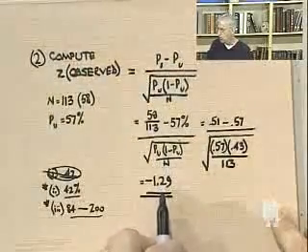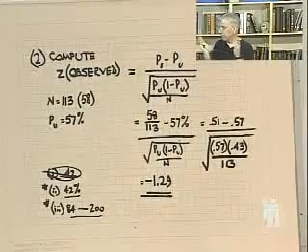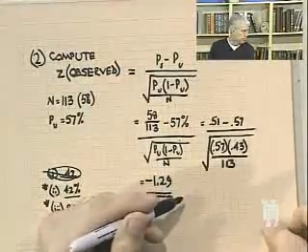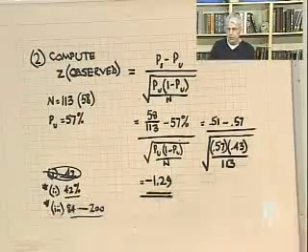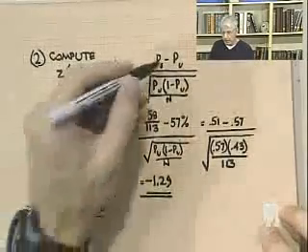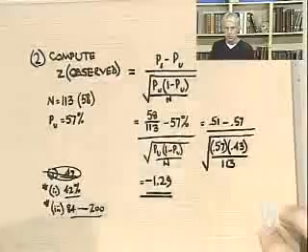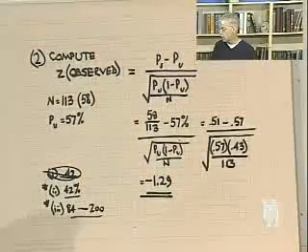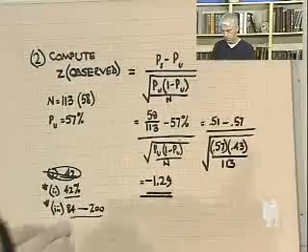So these Z scores are measures of difference between the sample and the population. You're not simply translating an individual score into a Z score, but they're measures of difference.